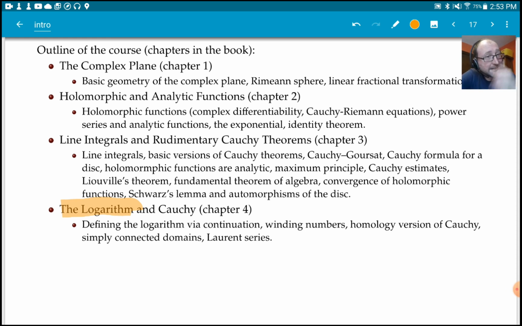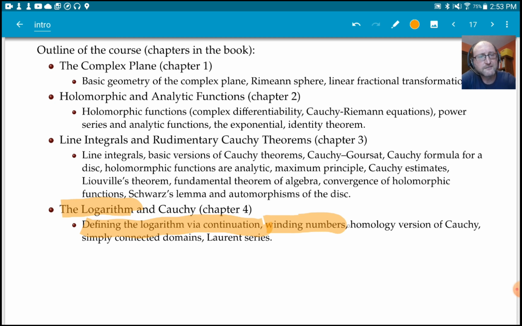And it's very useful that it is not a function, that it has infinitely many values is a key thing. You can define it by continuing along a path, right? The paths that you would integrate. That gives us these winding numbers: how many times do I go around a point?